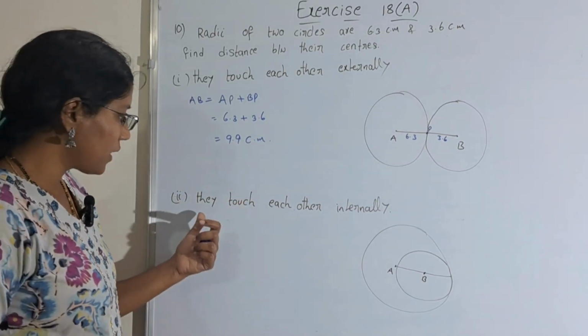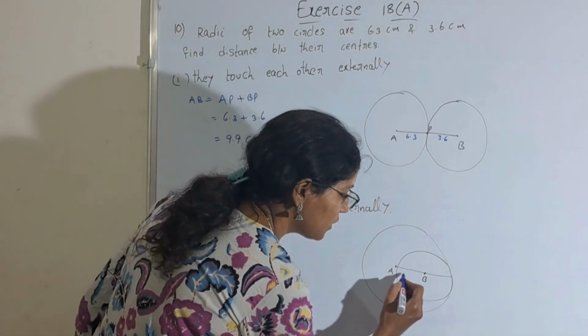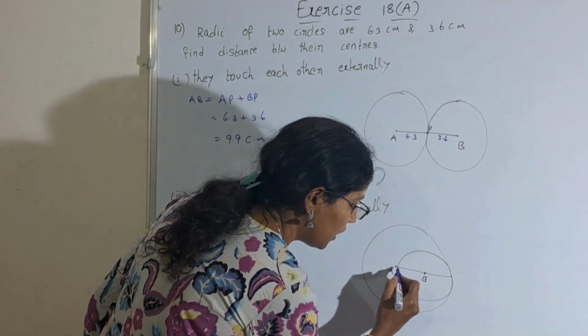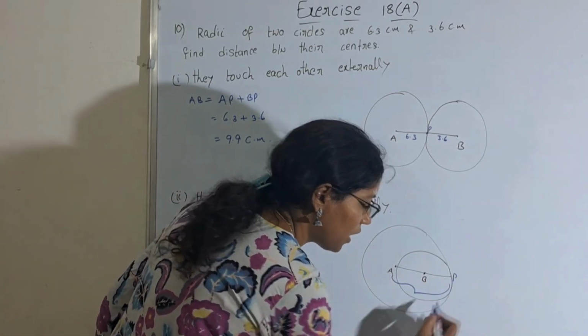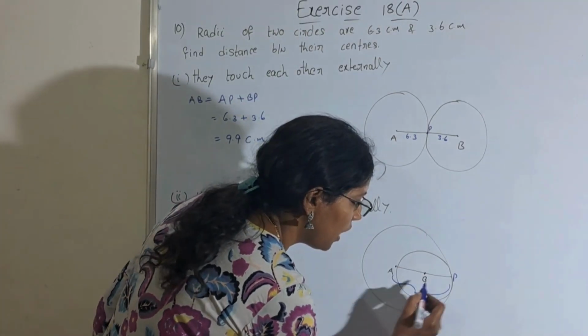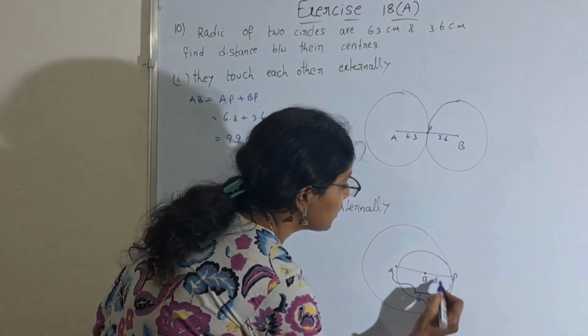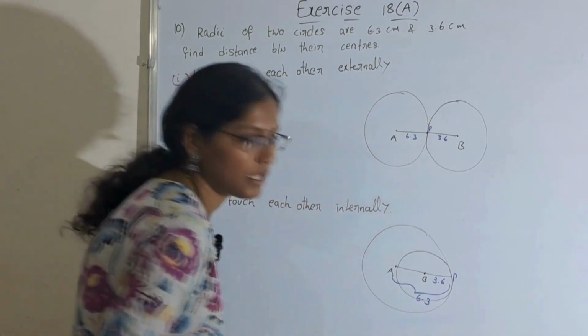This distance. Next, they touch each other internally. Here AB distance is the total distance. This is P we have to take. Total distance is 6.3 centimeters and only BP is the radius of the second circle. This distance is 3.6 centimeters.